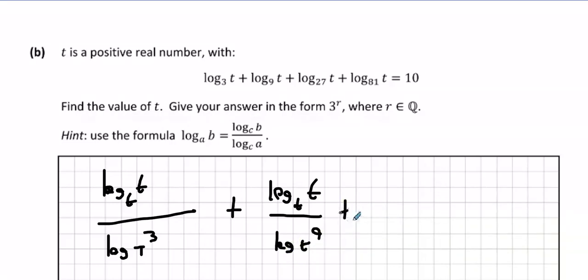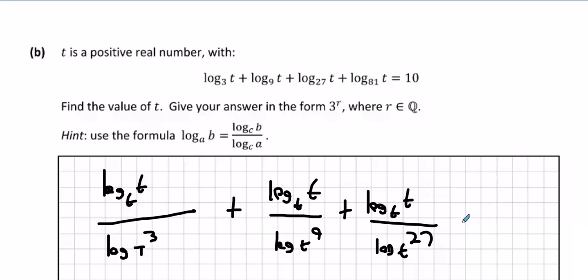Next one after that, log t base t, and on the bottom, log 27 base t.